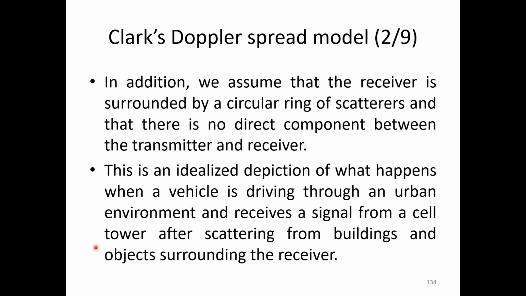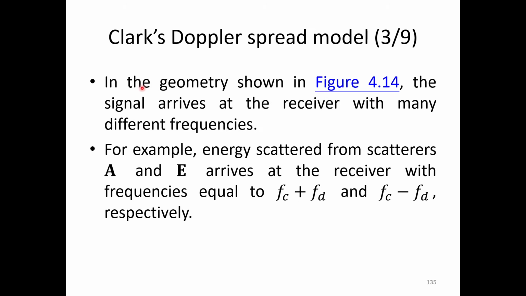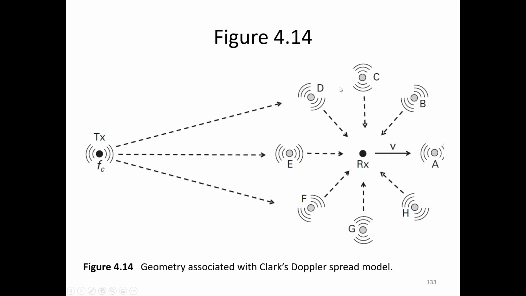Here, the cell tower means the base station. In the geometry shown in Figure 4.14, the signal arrives at the receiver with many different frequencies.